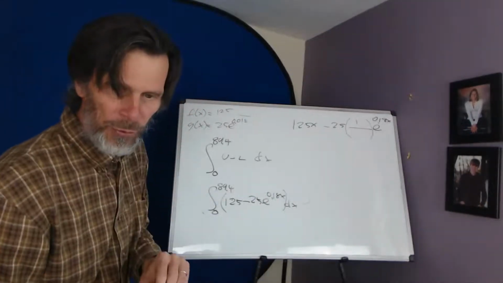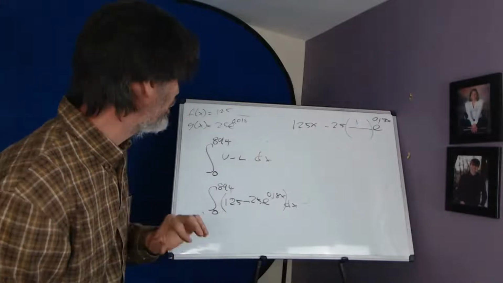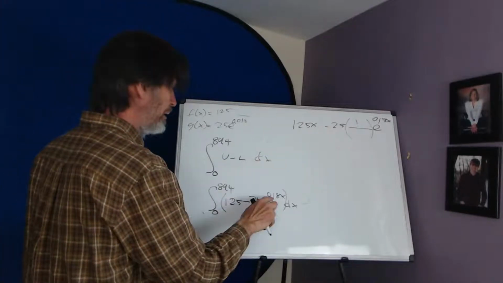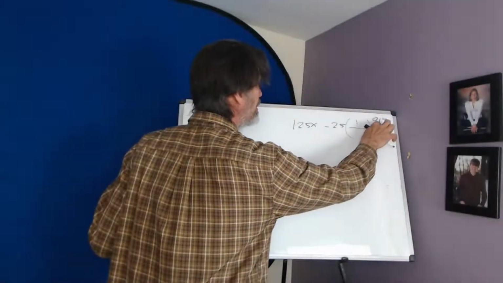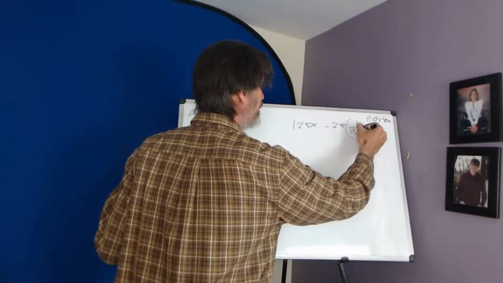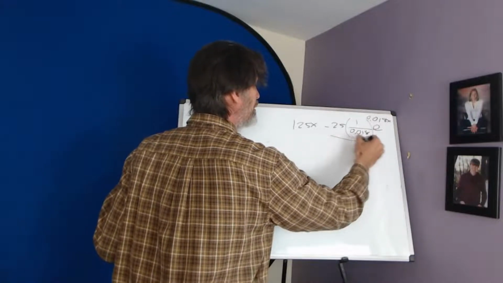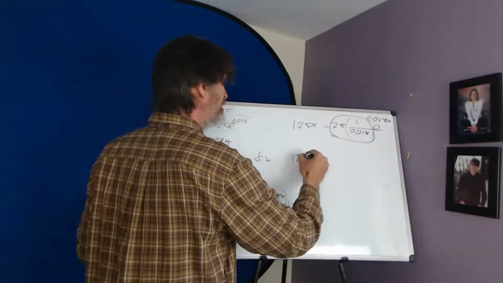Is that 0.18 or 0.018? I'm going to go back and look. I don't want to mess up the decimal place. Yeah, 0.018. All right, so make sure this is 0.018, and divide by 0.018. So we'll get a coefficient there. Someone with a calculator tell me what that coefficient is, please.